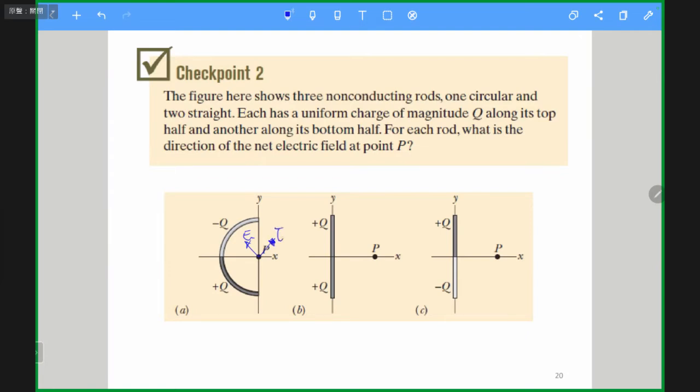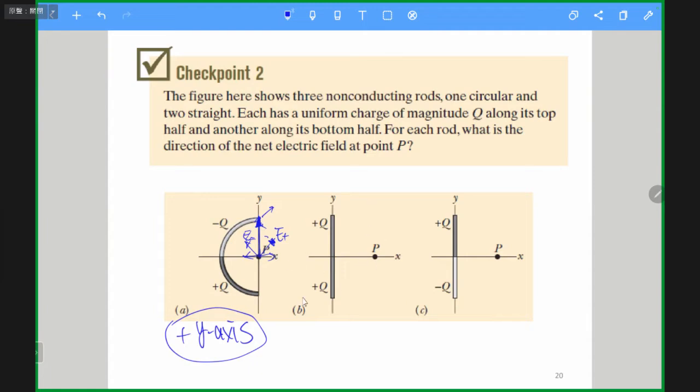This is E plus. So it turns out these two add together, so the x-axis components cancel each other. And then finally, this is the total E field at point P, which will point to the positive y-axis. Okay, so hope you understand how to do this one.